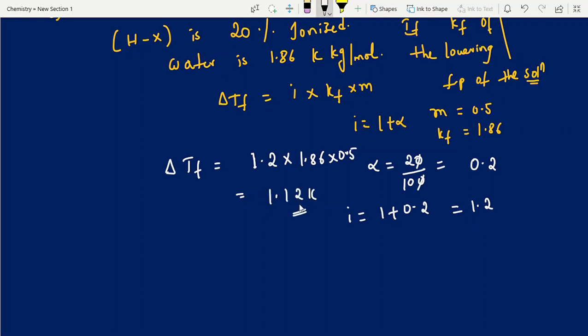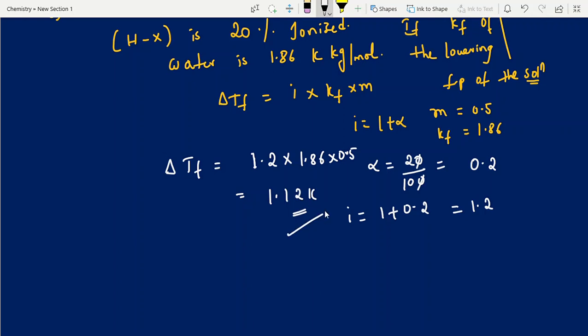Very easily we can work out Van't Hoff factor numericals. In the beginning it may take time to understand, but once you understood, you can definitely enjoy. So please, everyone, watch it and try to do all the questions related to Van't Hoff factor. You will get 1.168 something, nearly 1.12 Kelvin is what I have written as the answer.